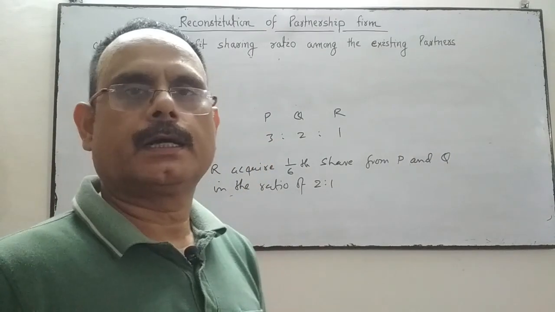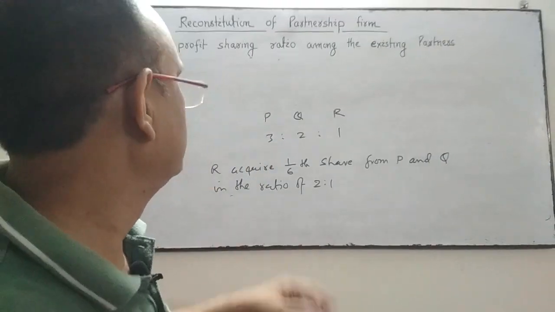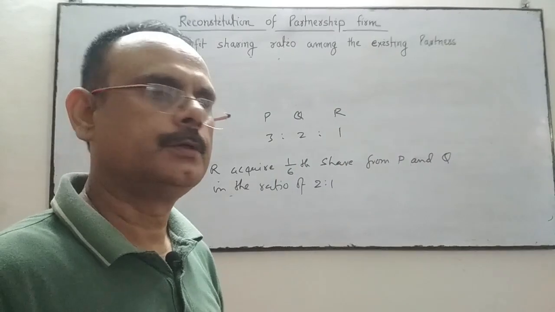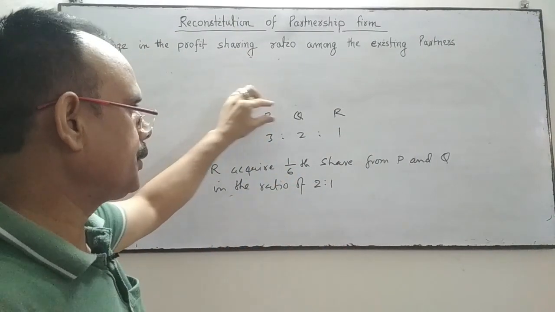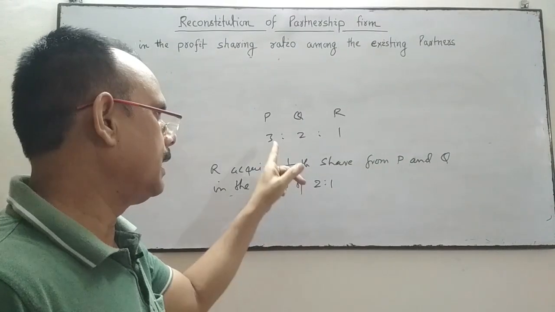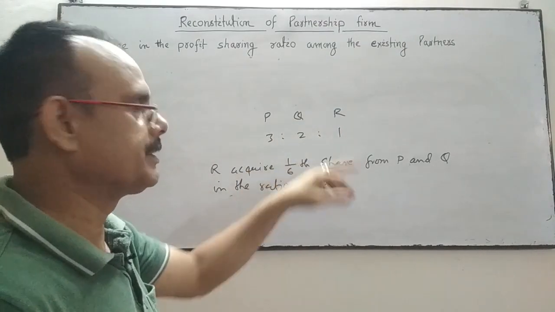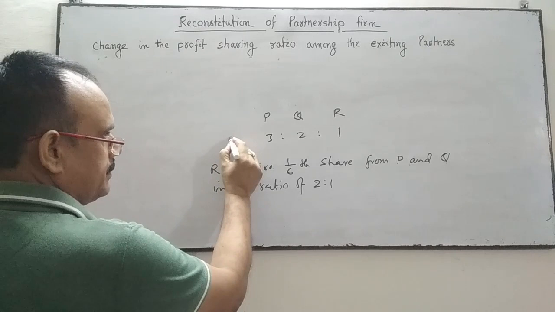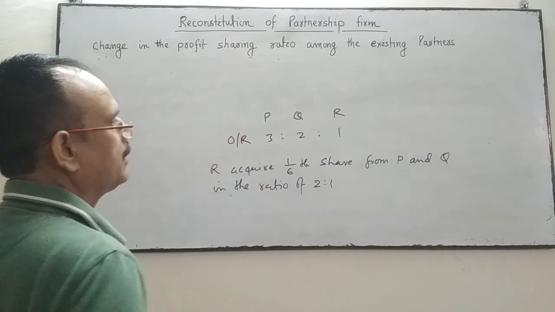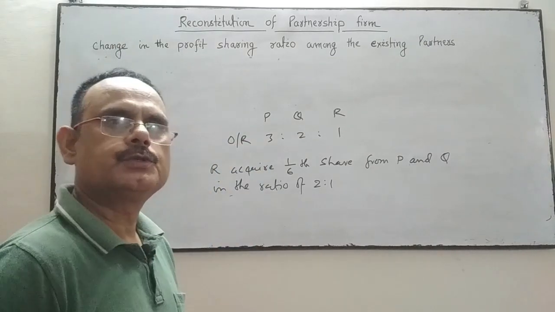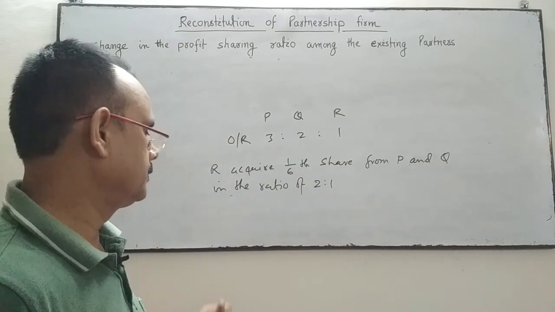Now see another example of change in profit sharing ratio. For example, P, Q and R are partners. In between them the profit sharing ratio is this, the old ratio is this. Now they want to change the profit sharing ratio.